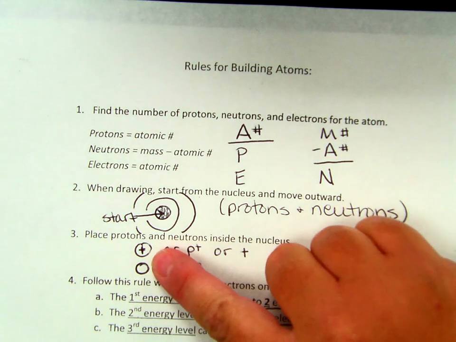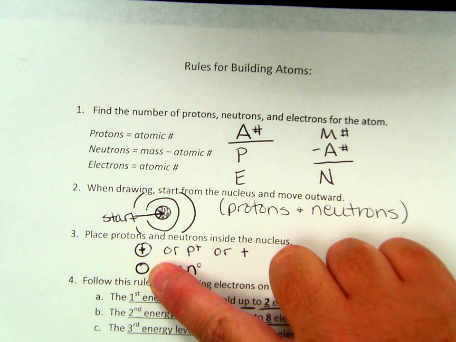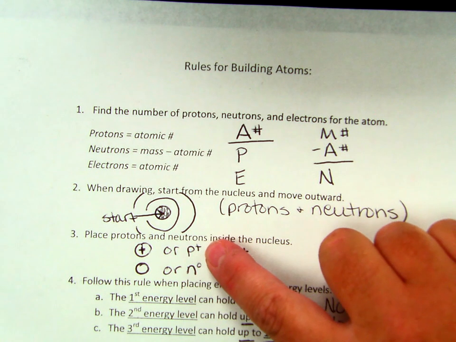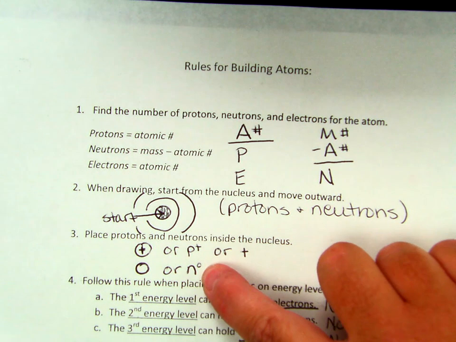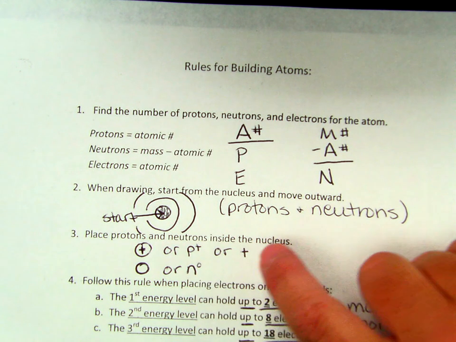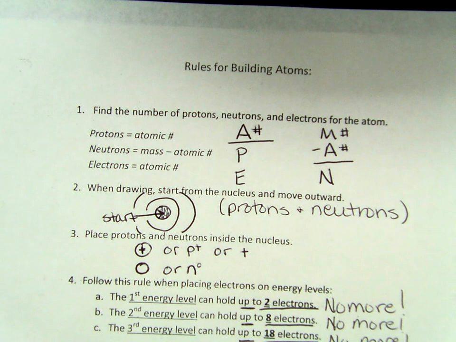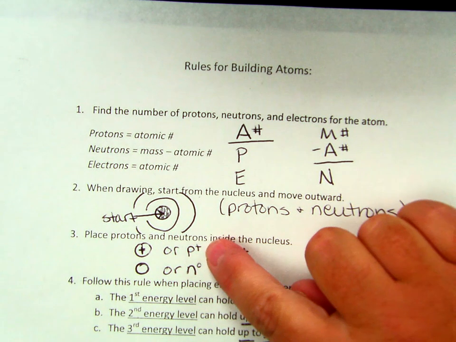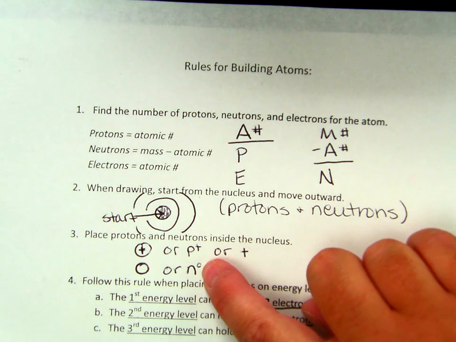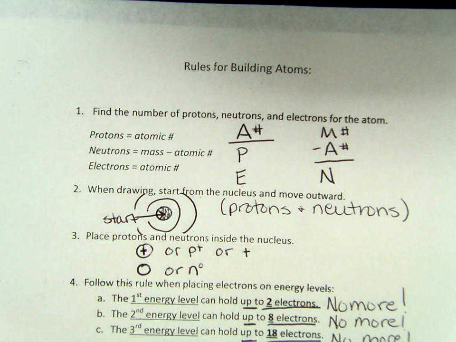It can be drawn with symbols, the positive or the circle for neutrons. Sometimes we might write P plus or N with an O to represent protons and neutrons, or sometimes we just use a plus sign or an empty circle. For today, we're going to be using P plus and N0 to represent our nucleus.